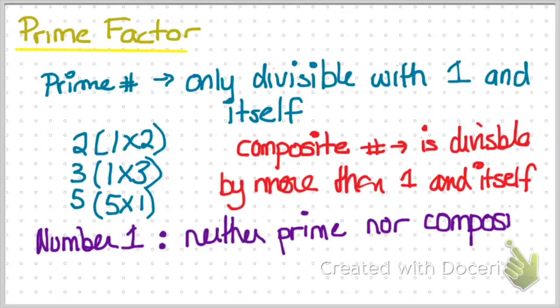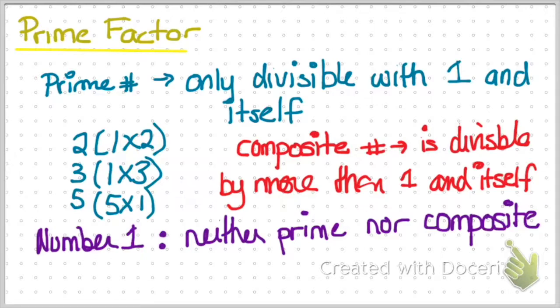If a teacher or a student or your parents ask you, is the number 1 a prime number? The answer is no. It's just the number 1. It does not have 2 different factors, and it doesn't have more than 2 different factors, so it's neither prime nor composite. Now that we know everything that we need to know about prime and composite numbers and the number 1, we are going to talk about prime factors of numbers.